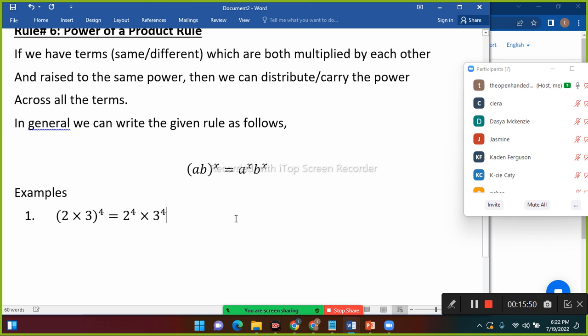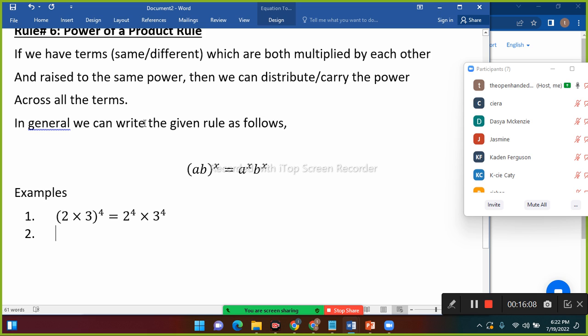Good, excellent. So we have a number multiplied by another number, raised to the same power. We can distribute the power across each term.